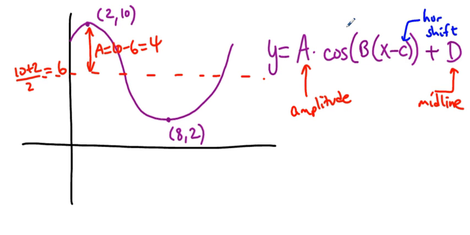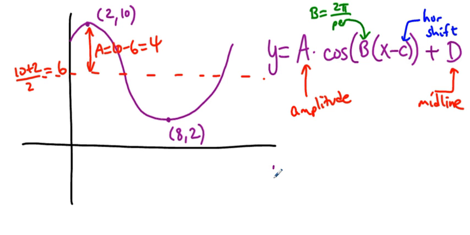And then as for B, B is the frequency. B is 2 pi divided by the period. So the question is, how long is the period? Here half a period runs from 2 to 8, that's 6. So a full period would be 12.